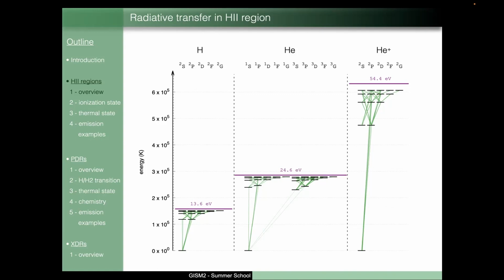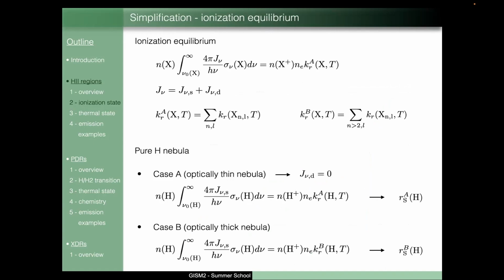So now we can move on and solve this ionization equilibrium. Basically, at every point in the H II region, the ionization stage of, let's say, hydrogen, helium, and helium plus is given by this equation. On the left, you have the photoionization rate, and on the right, you have the recombination rate of the species.